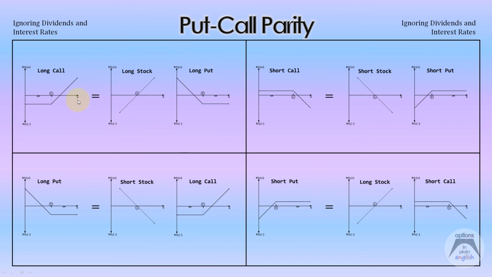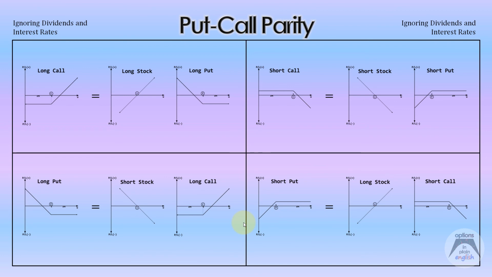Knowing that this is equivalent, you can put on your position with different elements. So it's going to make you a very versatile trader, and a more efficient trader. So that's why put-call parity is one of the most important concepts in options trading.